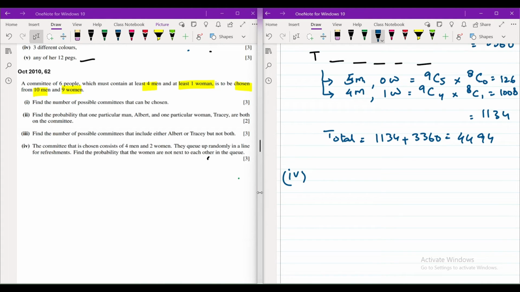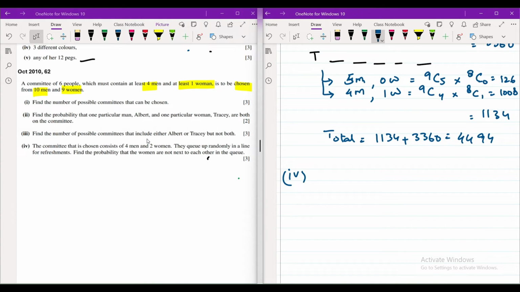So the committee that is chosen, right? So out of 10 men, 4 have been selected, right? And similarly, out of 9 women, we have 2 women. So that is already chosen, right?